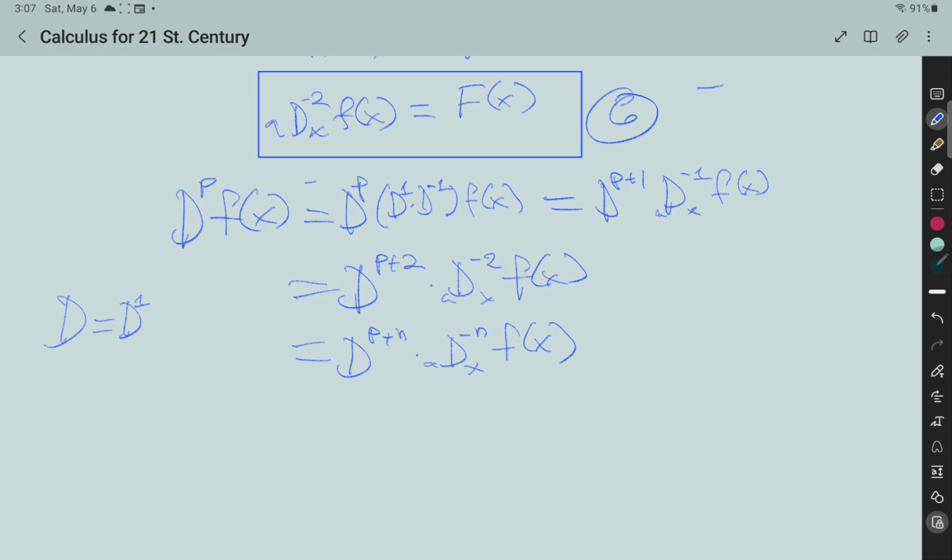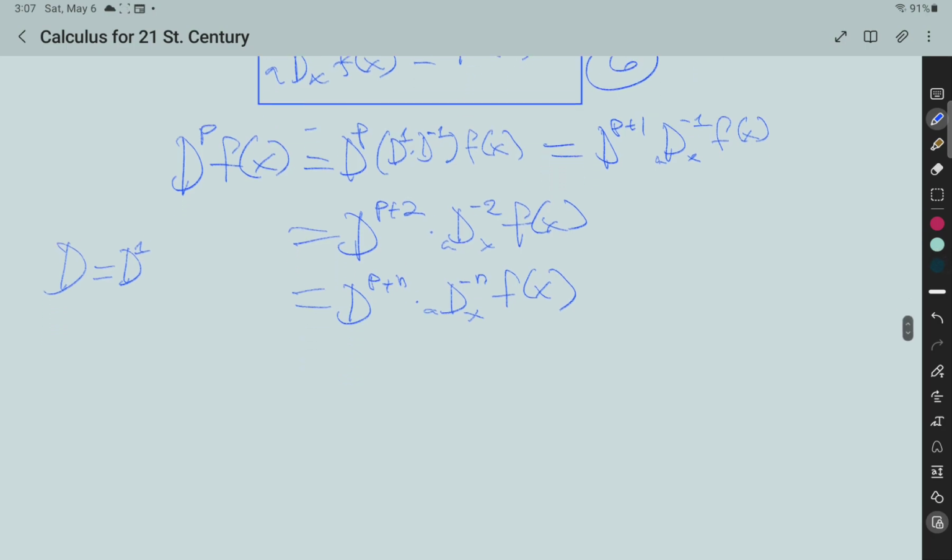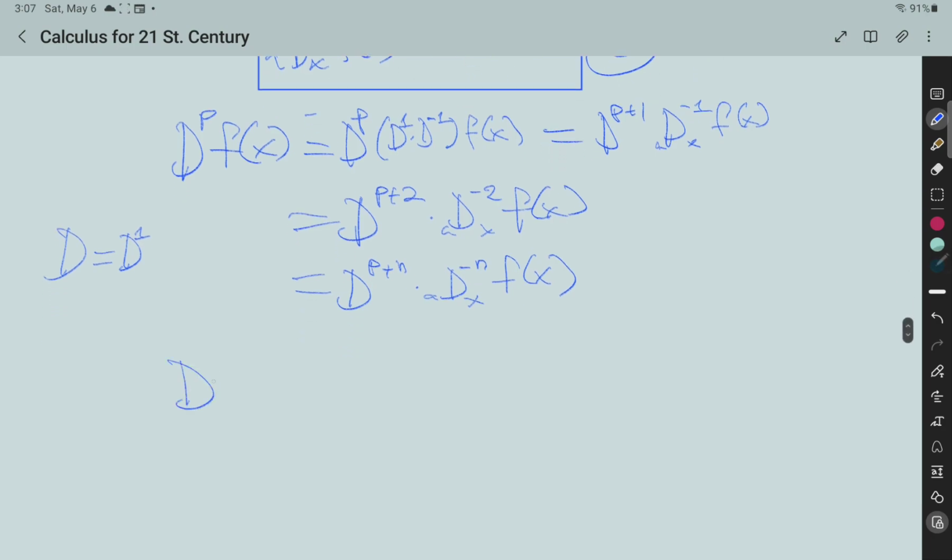Okay. So then the p derivative of f of x on the left hand side is equal to d to the p plus n derivative.